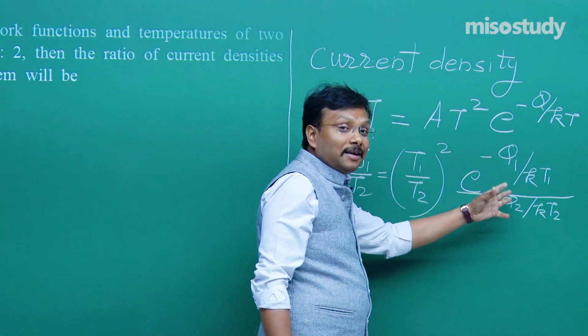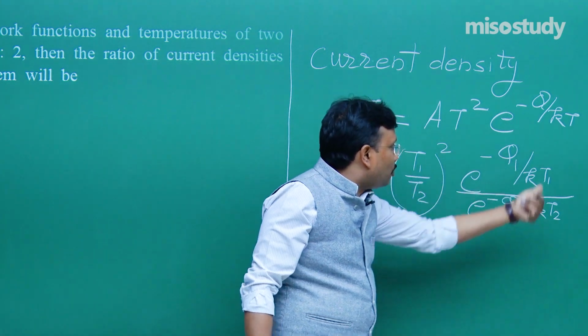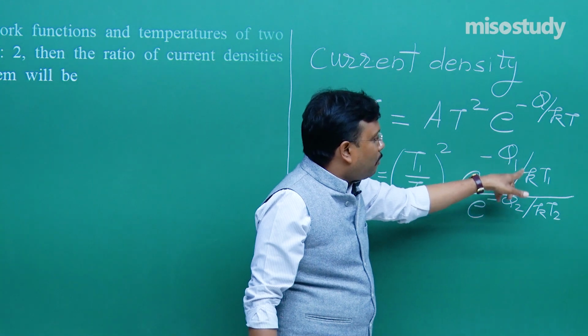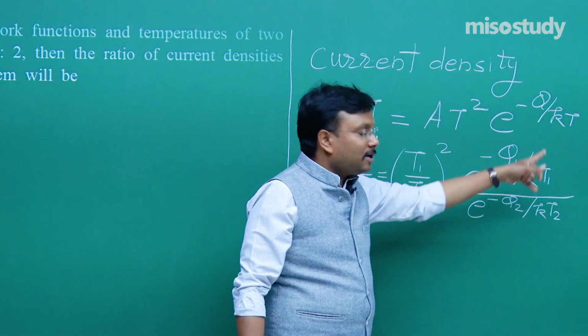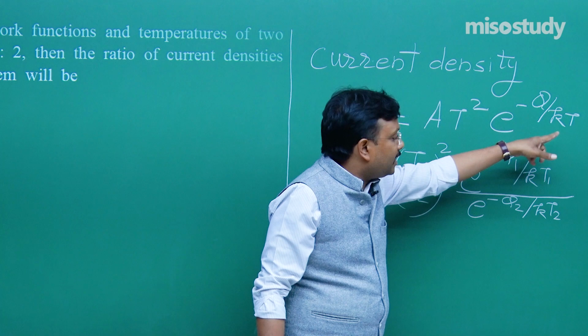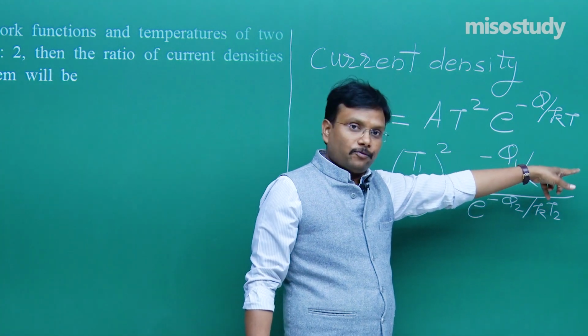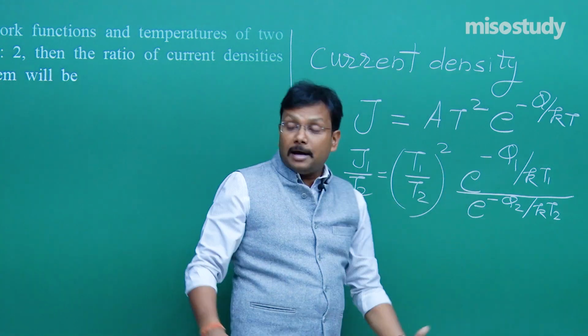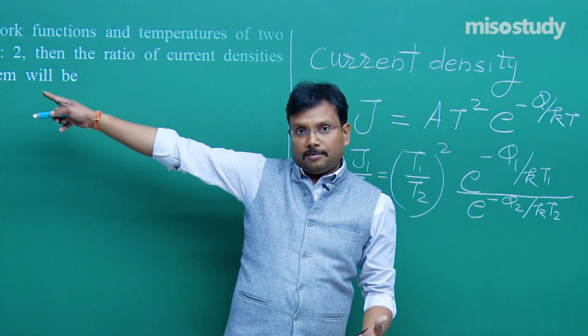So simply you can't cancel it. You have to pick this value, put it upside, so it will be minus phi 1 upon kT1 plus phi 2 upon kT2. And then you have to solve these terms by means of the values given.